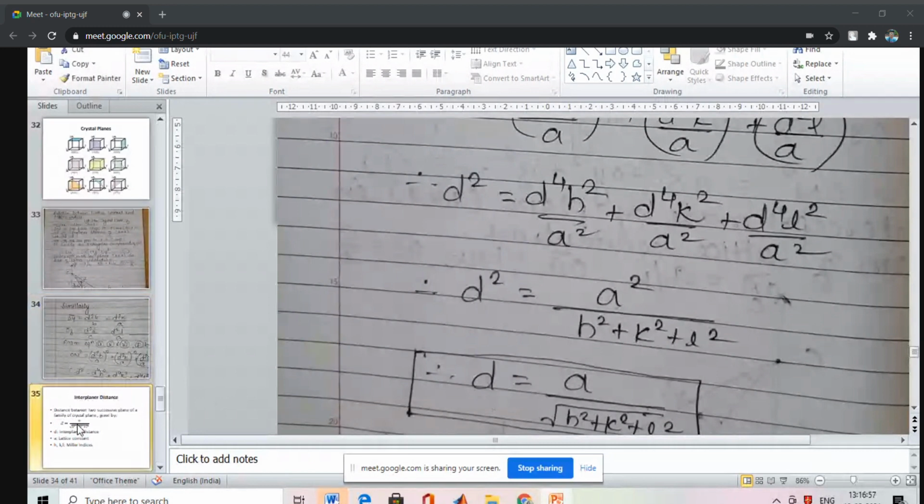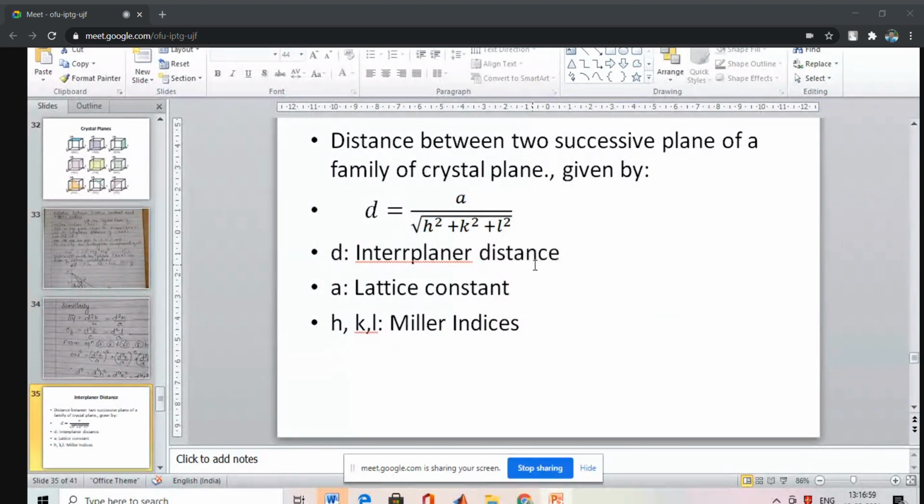So this is the relation between interplanar spacing d of the family of planes hkl and the Miller indices hkl. Also, we may say the relation between interplanar spacing, lattice constant, and the Miller indices of the crystal plane.